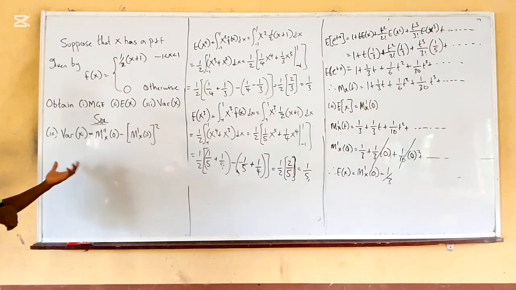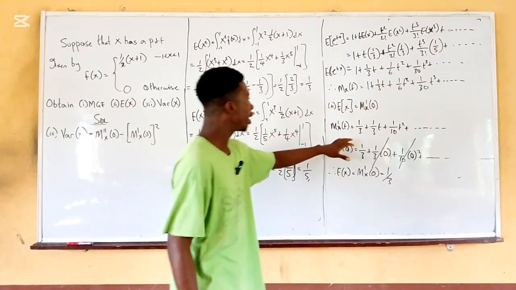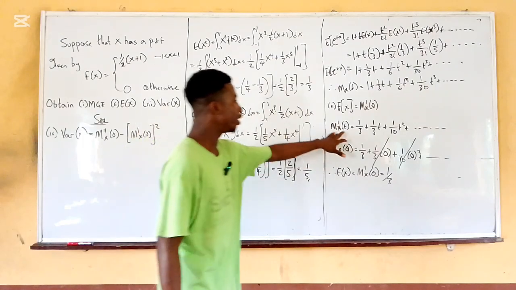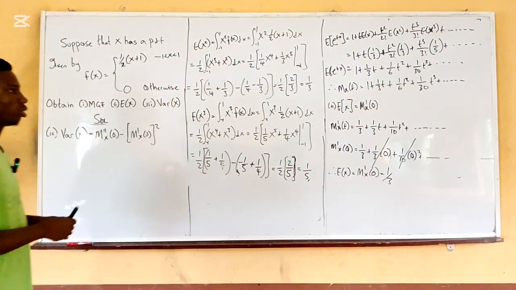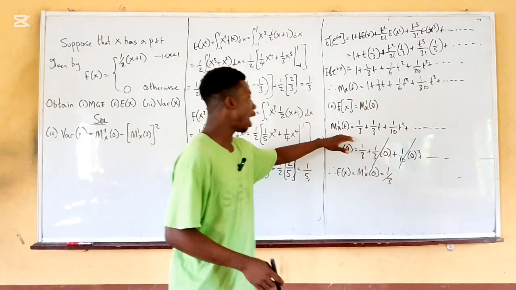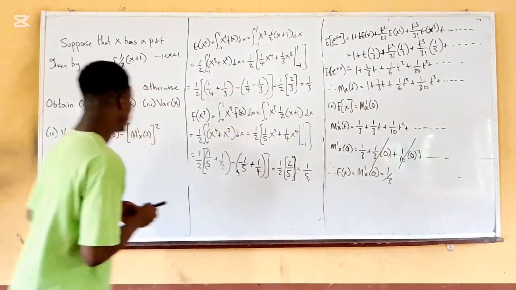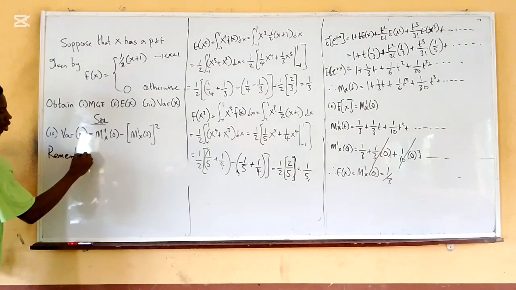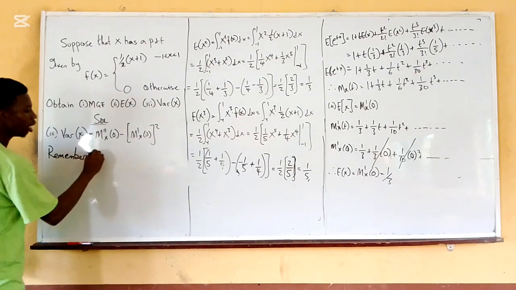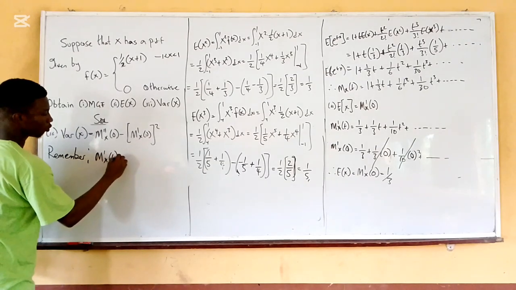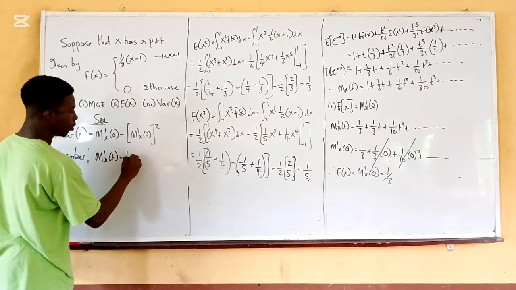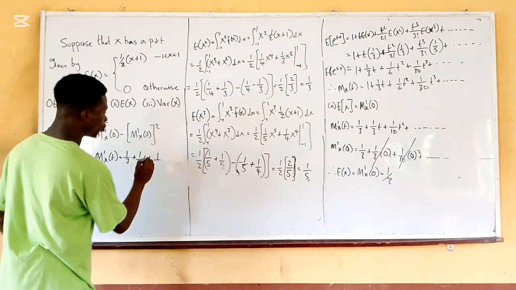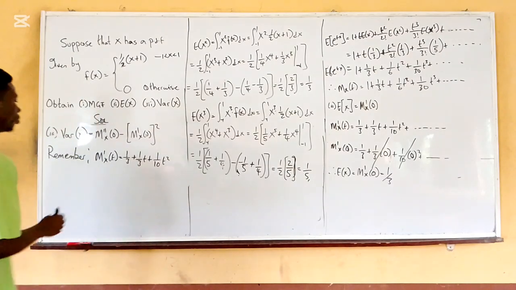Same thing. All I have to do is take this MGF and differentiate twice, then set t equal to 0. Or take the first differentiation and differentiate again. So I'll take the first differentiation and differentiate again. Remember that M prime X of t is 1 over 3 plus 1 over 3t plus 1 over 10t squared.